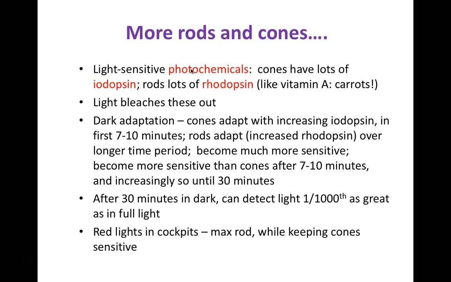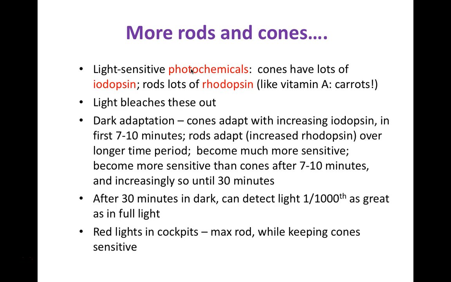By the time you've been in the dark, don't forget the rods can pick up little amounts of light because of the massing of light stimulation. After about a half an hour in the dark, you can detect light about 1/1000th as great as in full light. So if something required 1,000 units of energy for you to see in full light, it only requires 1 unit of energy in the dark.